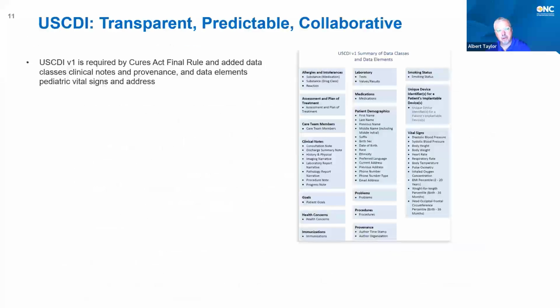This shows the progression using this transparent, predictable, collaborative process. USCDI version 1 started as an expansion of the Common Clinical Data Set, which previously was used to exchange information using ONC certification criteria. USCDI version 2 added a couple of different elements. Next slide, please.